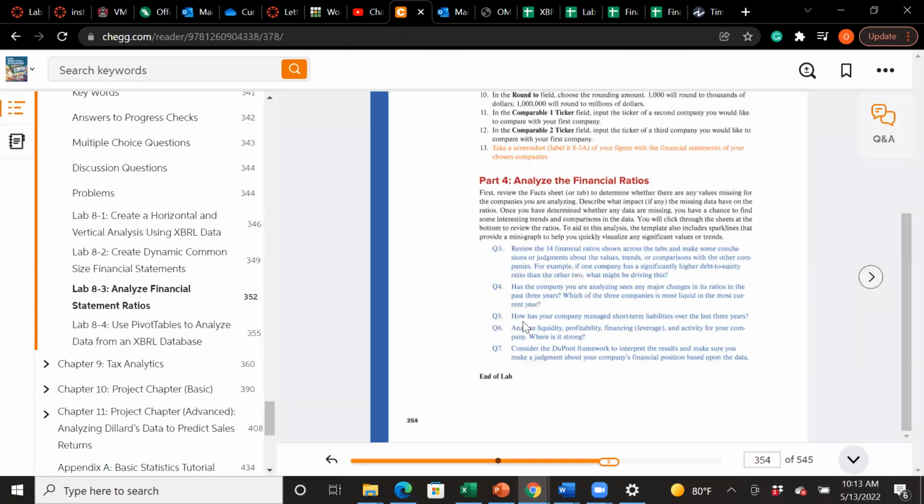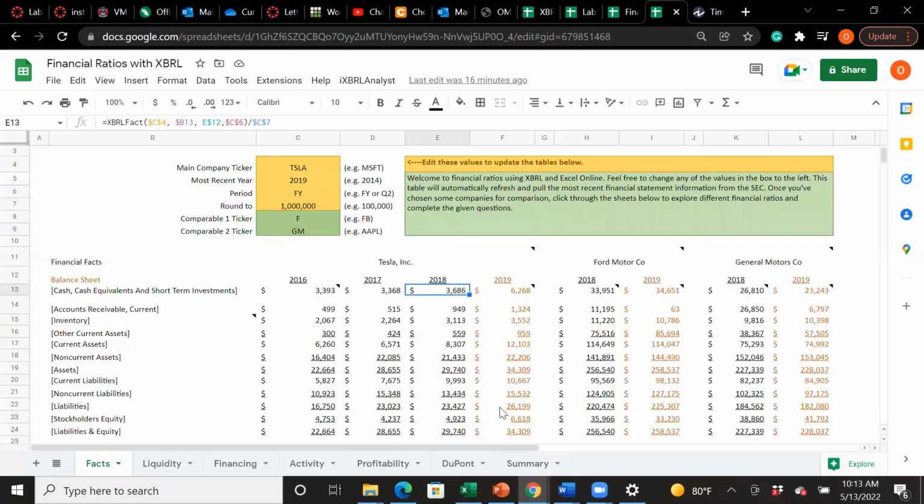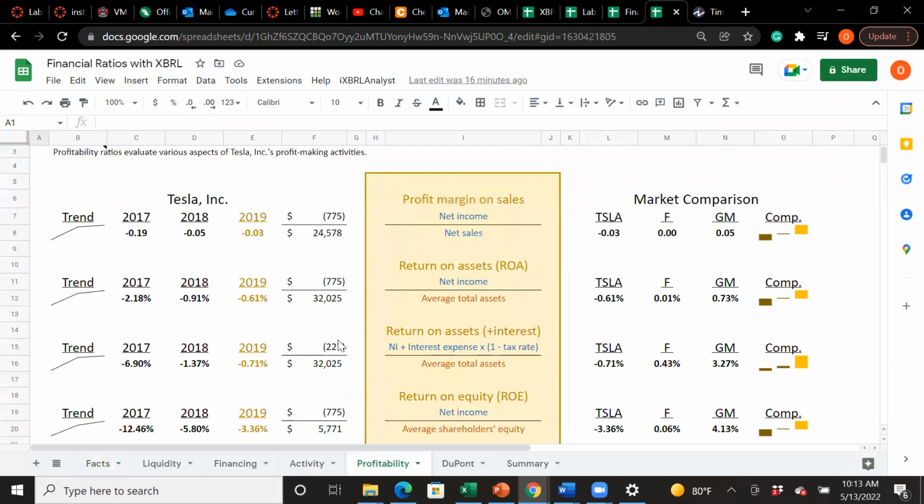Question 6, analyze liquidity, profitability, plans, financing, and activity for your company. Where is it strong? So I think the only one we haven't looked at is profitability. Let me look at it real quick. Income and sales. So it's negative.